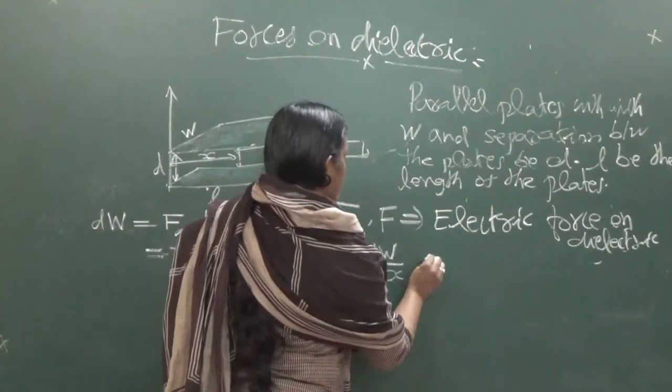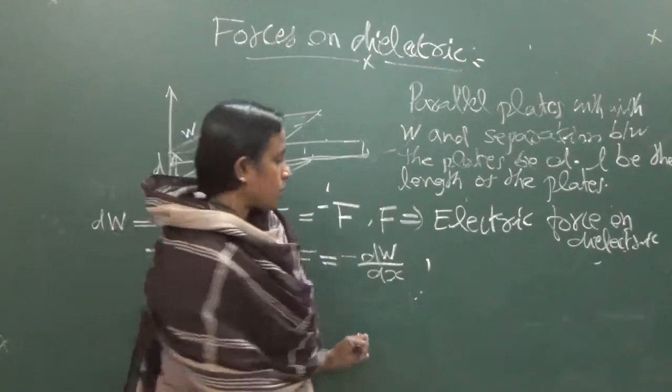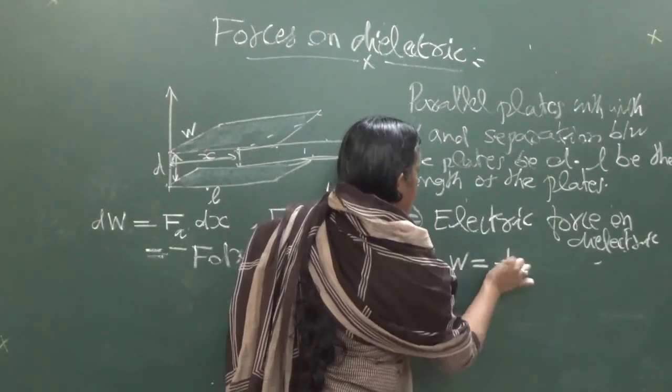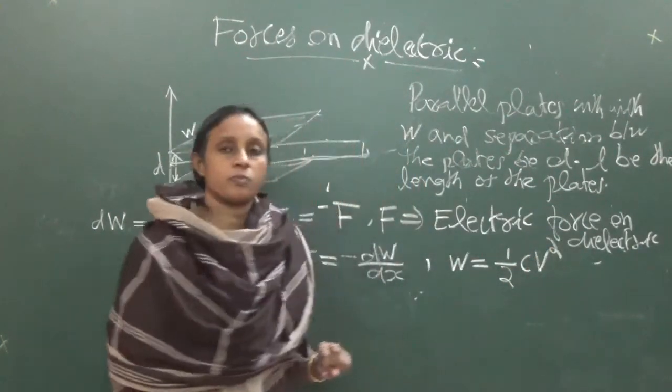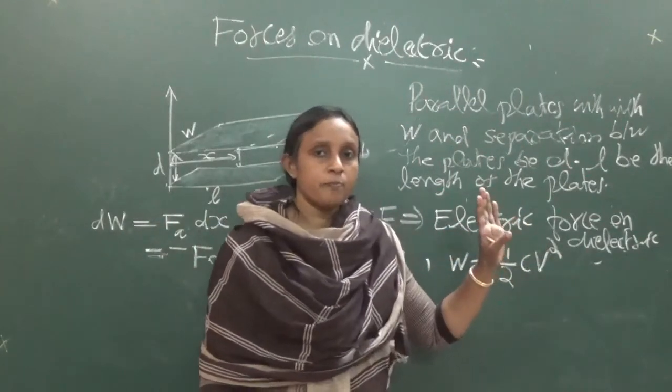Now, what is W? We already know that the work done to charge a capacitor is given by half CV squared.